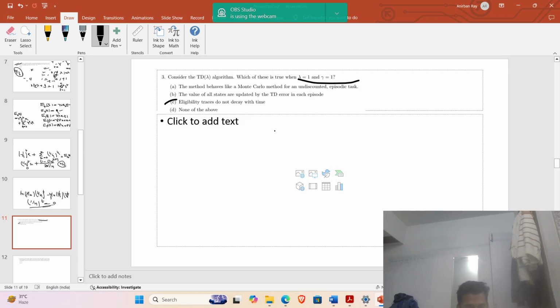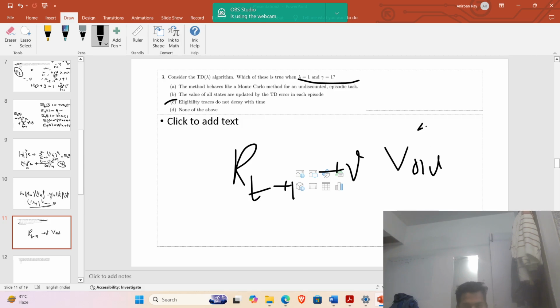So what is TD error? This is the TD error: R t plus 1 plus gamma times V old S t plus 1 minus gamma V old S t. This is our thing.